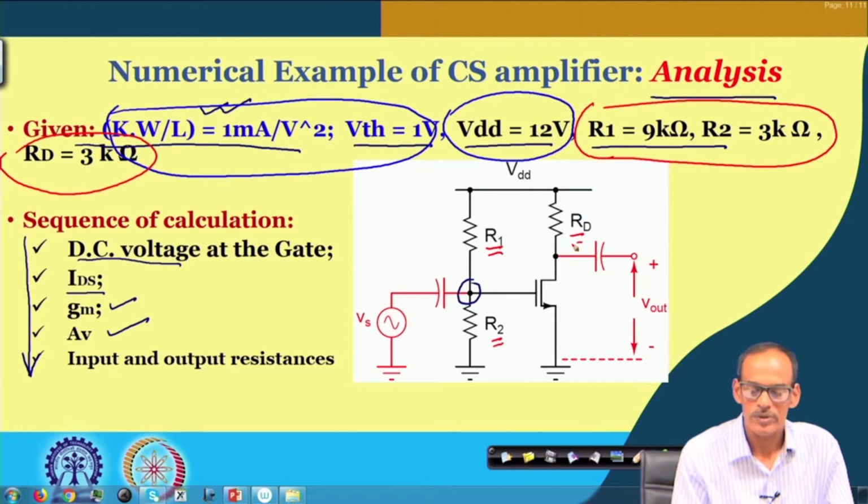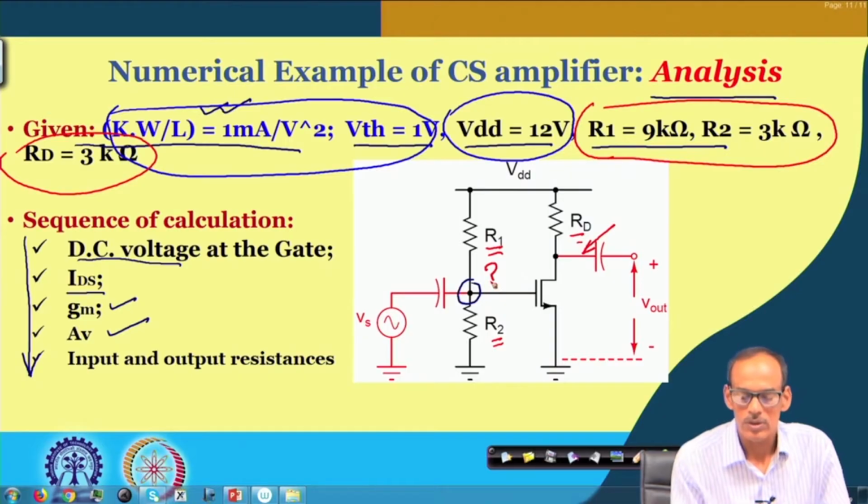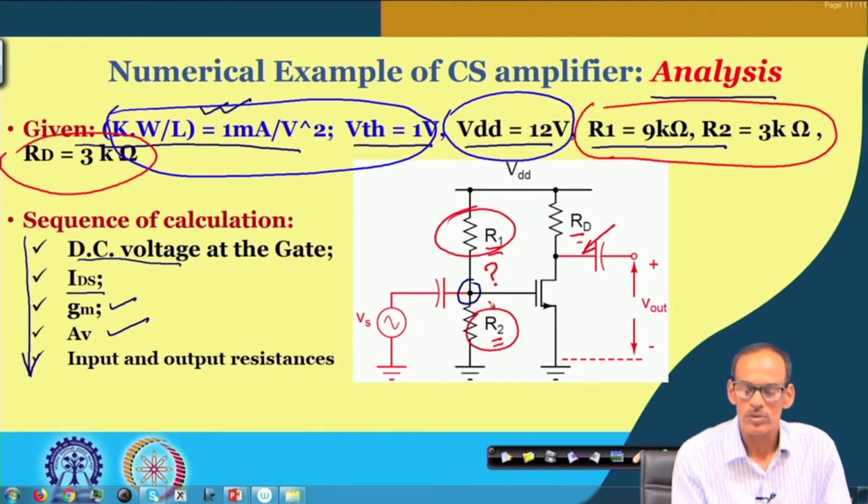The values of those components should be such that we get meaningful operation of the circuit, namely at the output we should have good signal swing. To achieve that, what voltage do we like to obtain, and to get that DC voltage at the gate, what may be the ratio of R1 and R2? Those things we will do. The main focus of today's discussion is primarily how to select the values of different bias components.